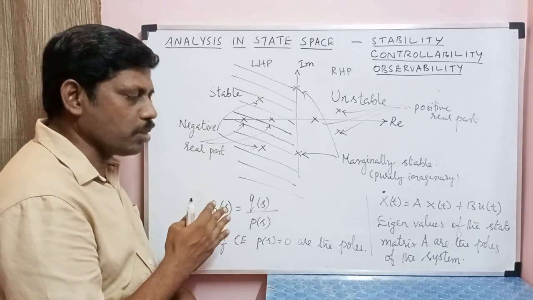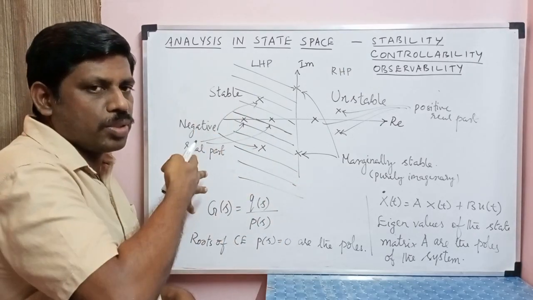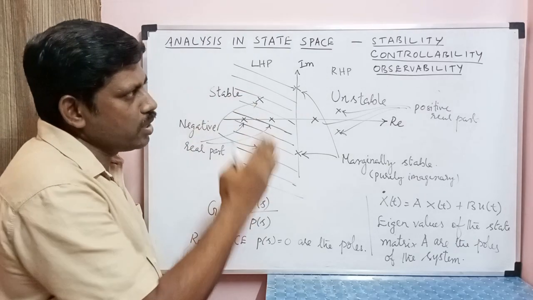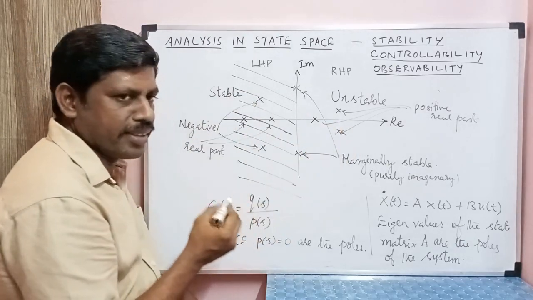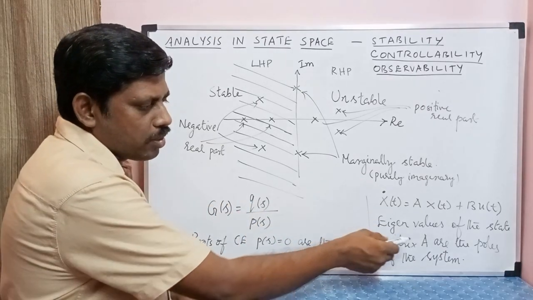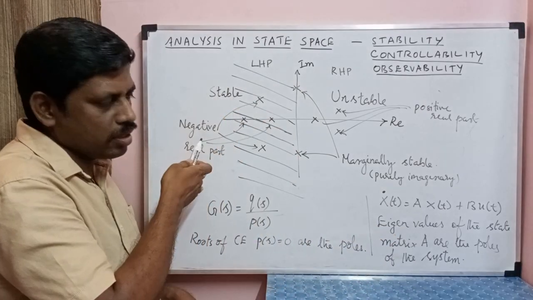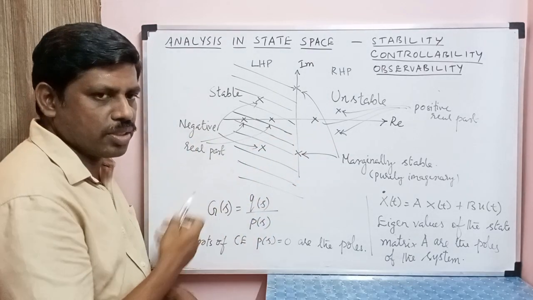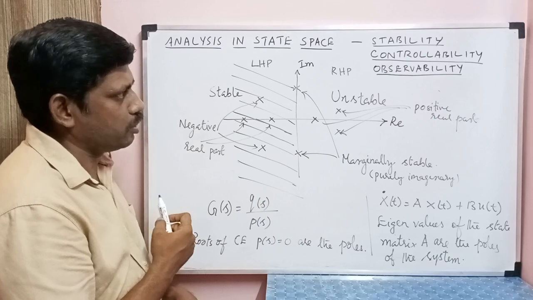For the system to be stable, all the poles have to be lying on the left half plane. So using the state space model, you can analyze the stability of the system by finding the eigenvalues of the state matrix A, and if they are lying on the left side, it is stable, otherwise it is not stable.